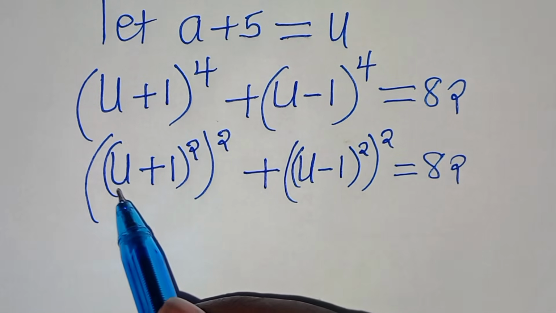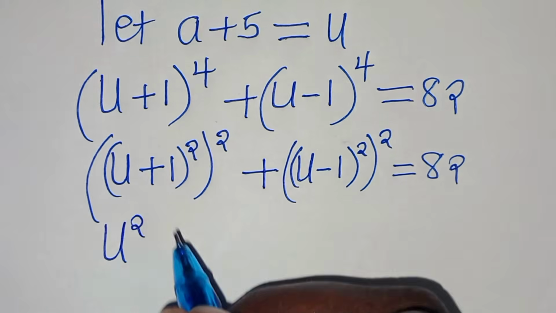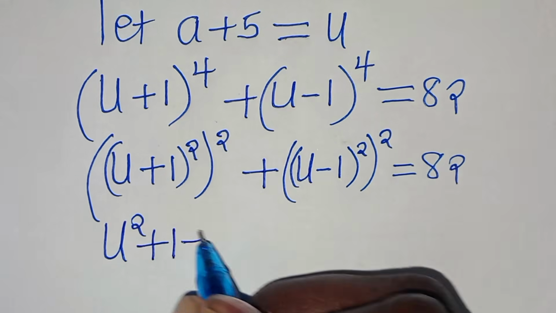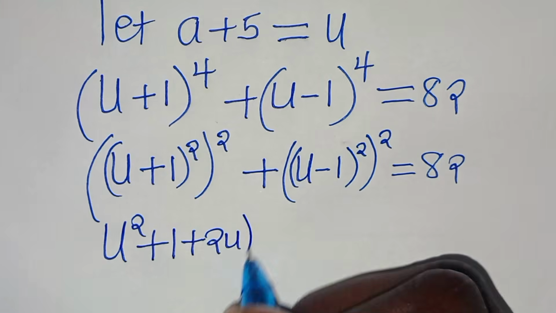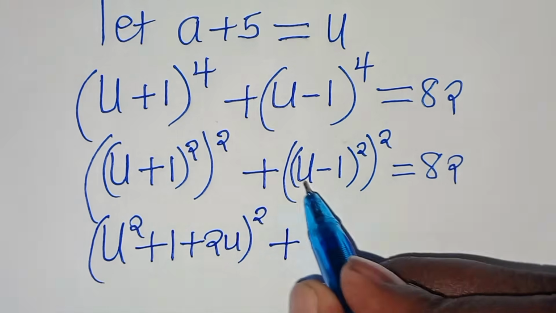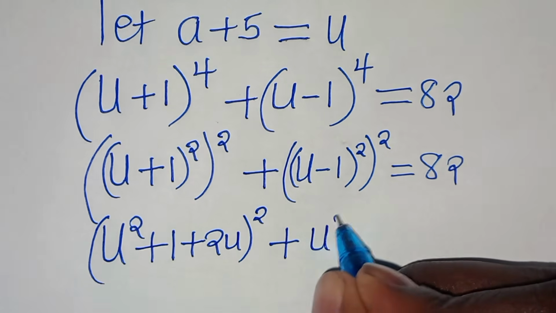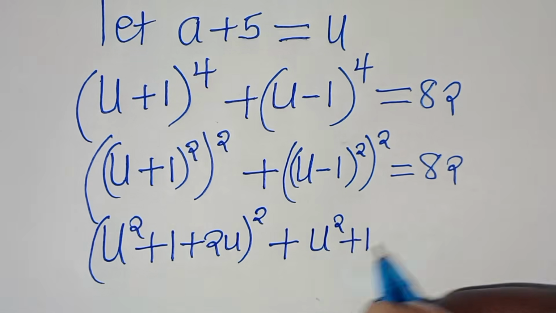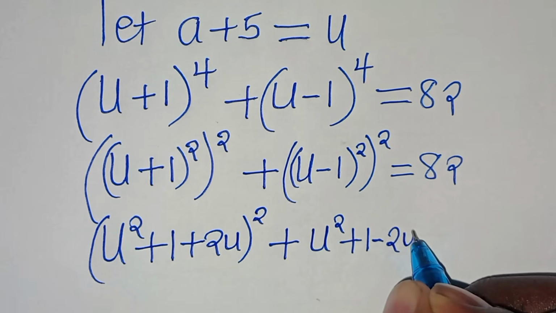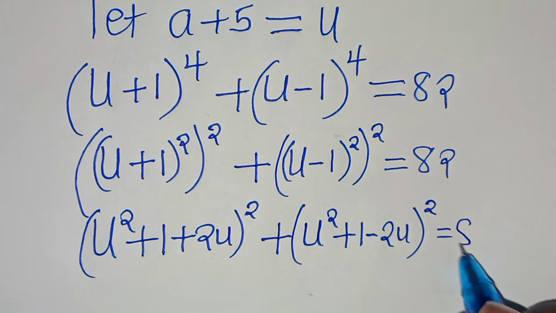Now let's expand this. (u+1)^2 is the same thing as u squared plus 1 plus 2u, everything here raised to the power of 2, then plus, let's expand (u-1)^2, which is u squared plus 1 subtract 2u, raised to the power of 2. This is equal to 82.